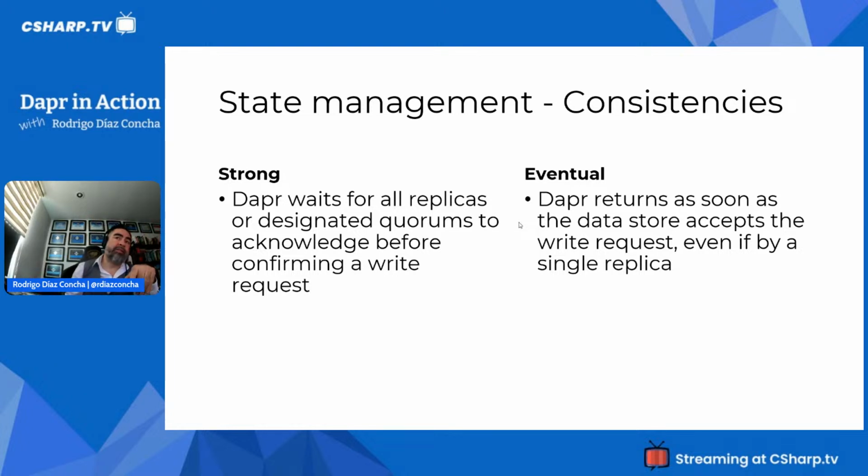However, if you're building distributed applications, I completely recommend you embrace eventual consistency, right? Because you have dozens of different components running in different nodes in clusters. Having strong consistency could impact your scalability negatively. That's why you have to embrace eventual consistency, and you have to have the mindset for it.